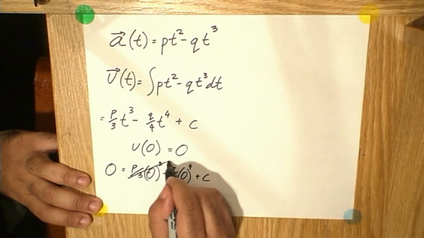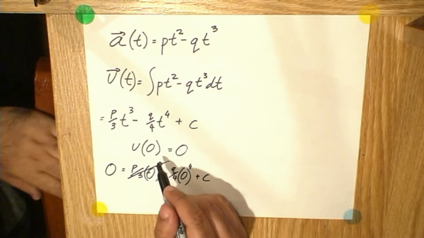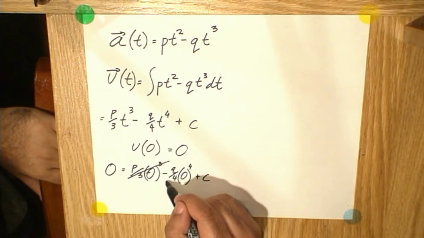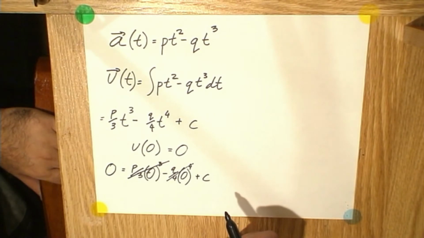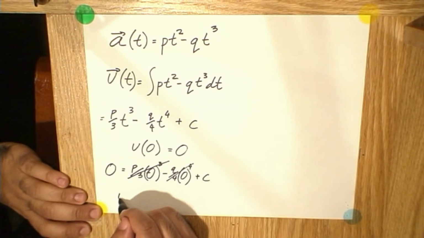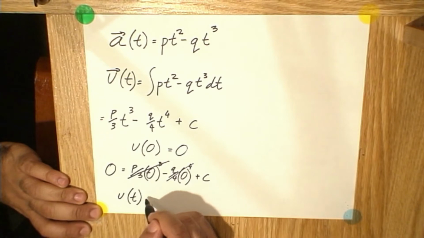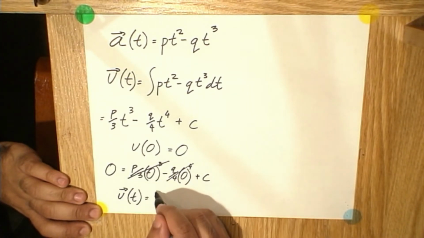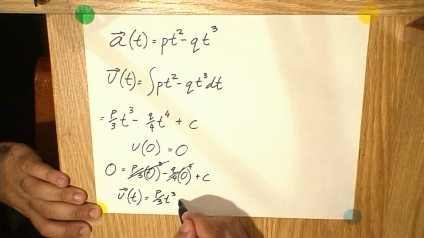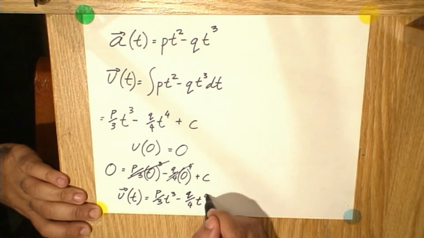So 0 cubed is 0, so this first term cancels out. 0 to the 4th power is also 0, so this term cancels out. So I just end up with 0 is equal to c. So the overall expression for the velocity as a function of time is equal to p over 3 t cubed minus q over 4 t to the 4th.